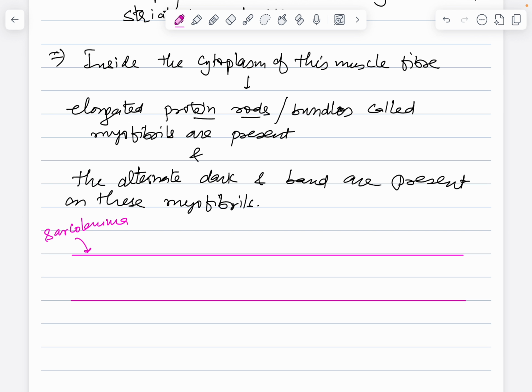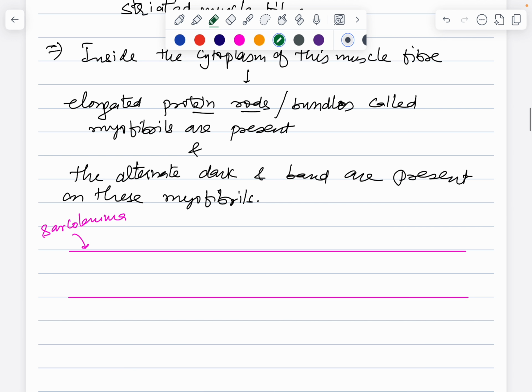And what I've just told you is that there are elongated protein rods which will be present inside this cell like this. Here, this is one protein rod that is present in the cell.